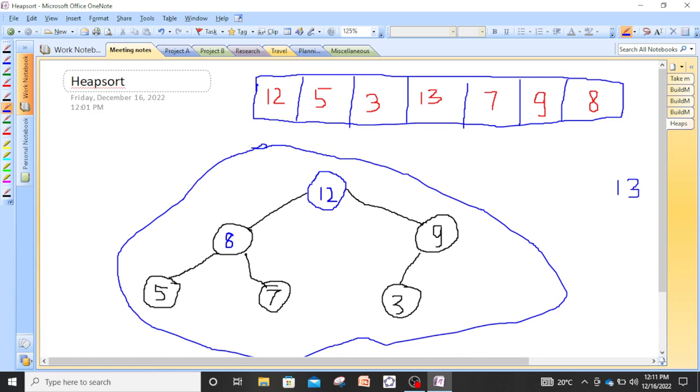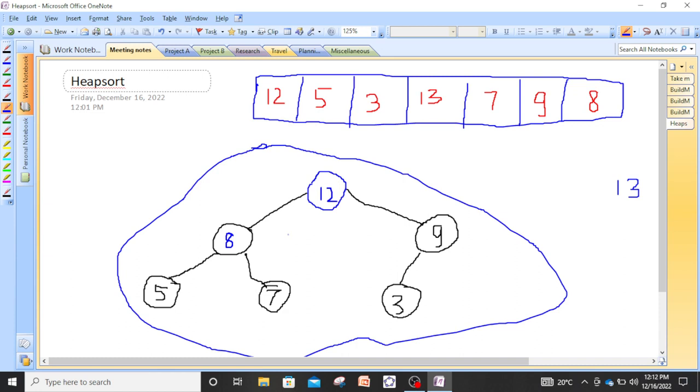Now the max heapify of the root node is not complete. Here you see an interchange has taken place. Whenever an interchange takes place, then we go down, and there are two sides of the root node, left and right.